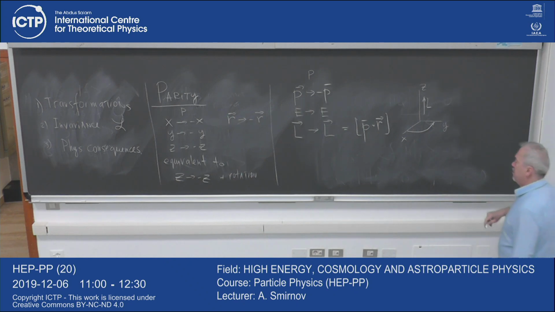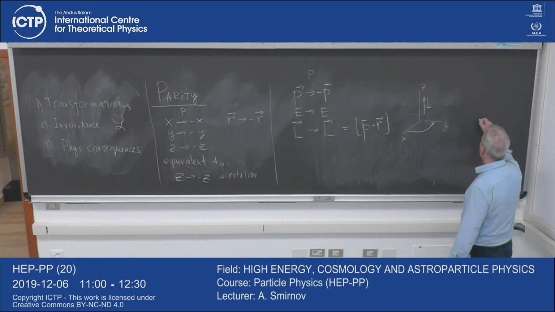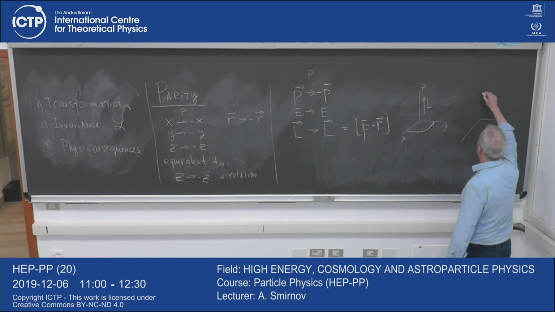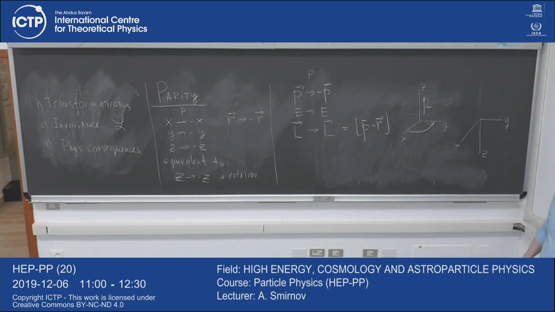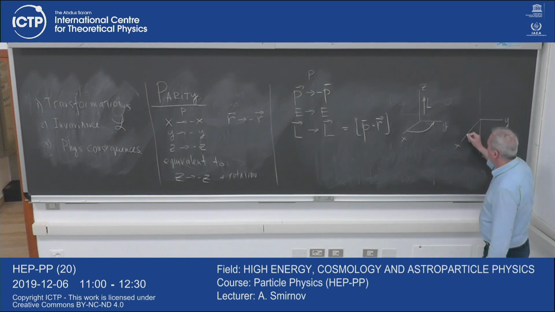Now, if you make a P transformation, then what you will get is, z will be this, here will be x, and here will be y. And the rotation doesn't change, it's again from x to y.